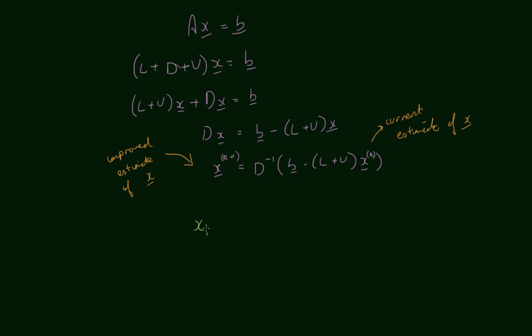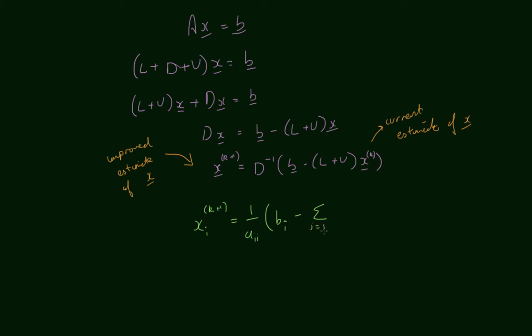For the ith element of x, the inverse of the diagonal matrix is just 1 over the main diagonal element, and because the values on the main diagonal of D were just the values a_ii, we've got 1 over that, times b_i minus a sum. Whenever L is non-zero, U is going to be 0, and whenever U is non-zero, L is 0, so it's just all elements.